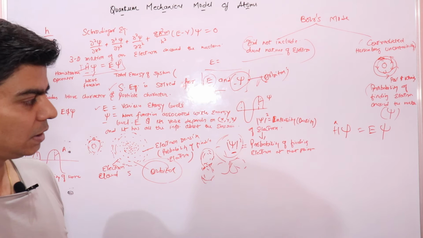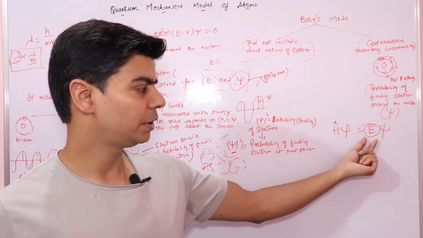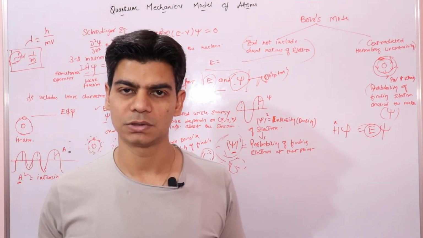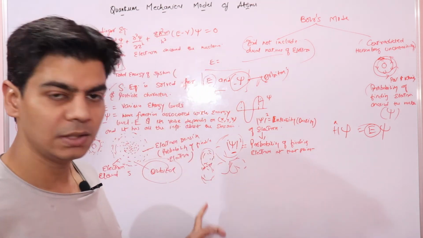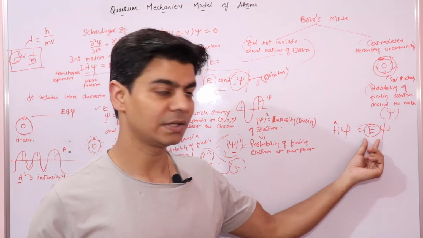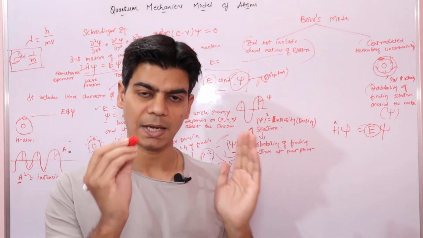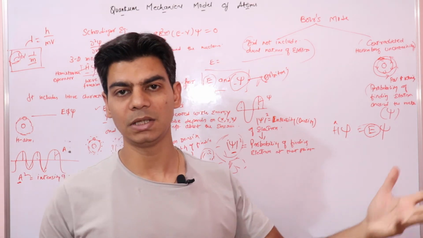So in multi-electron atoms, we have one component that is due to the repulsion between the electrons.